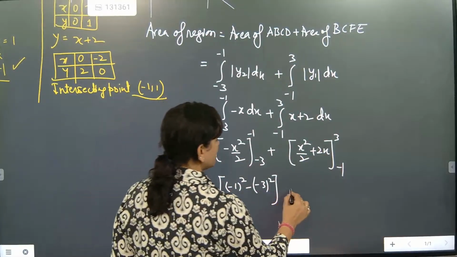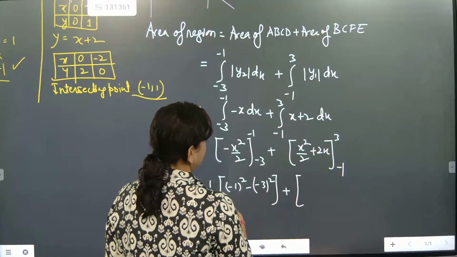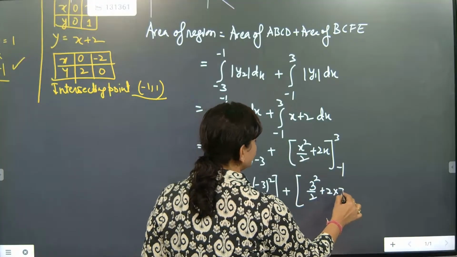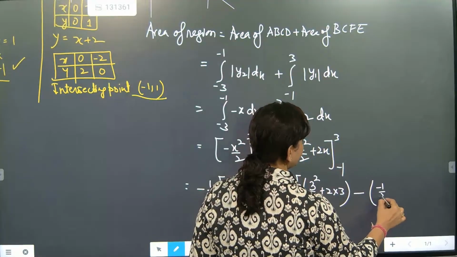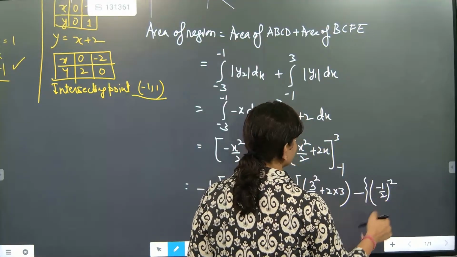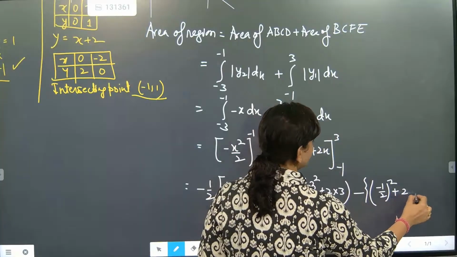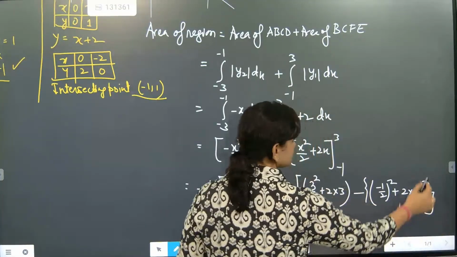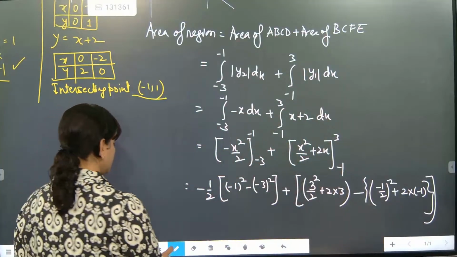Then plus this part: it will become 3 square by 2 plus 2 into 3, and then minus 1 by 2 whole square plus 2 into minus 1. Now only the calculation part is left.